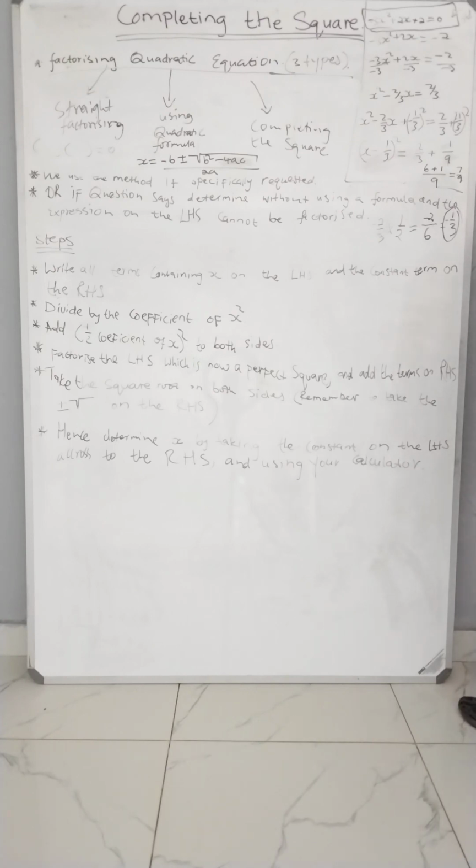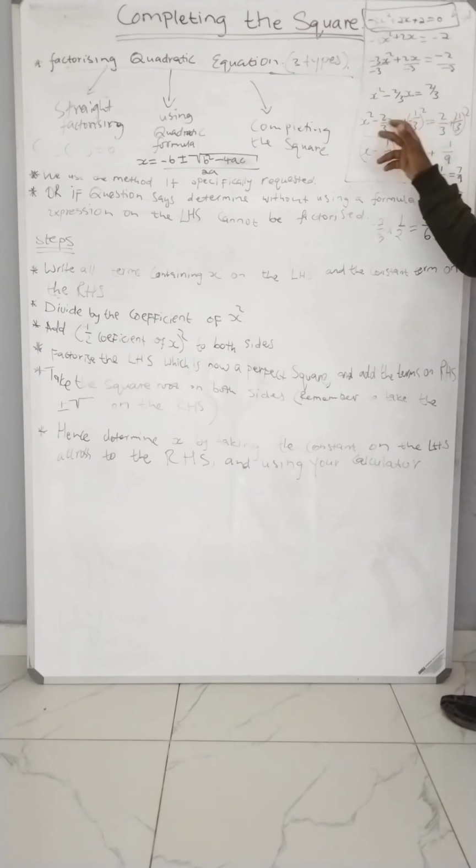Now the next step is you're going to factorize this side of the equation, which is now a perfect square, because this is half of that and it's squared. So the factors of x squared is going to be x, the factors of this is going to be 1 over 3, and then because this is half of that, 2 of them are going to give you that.